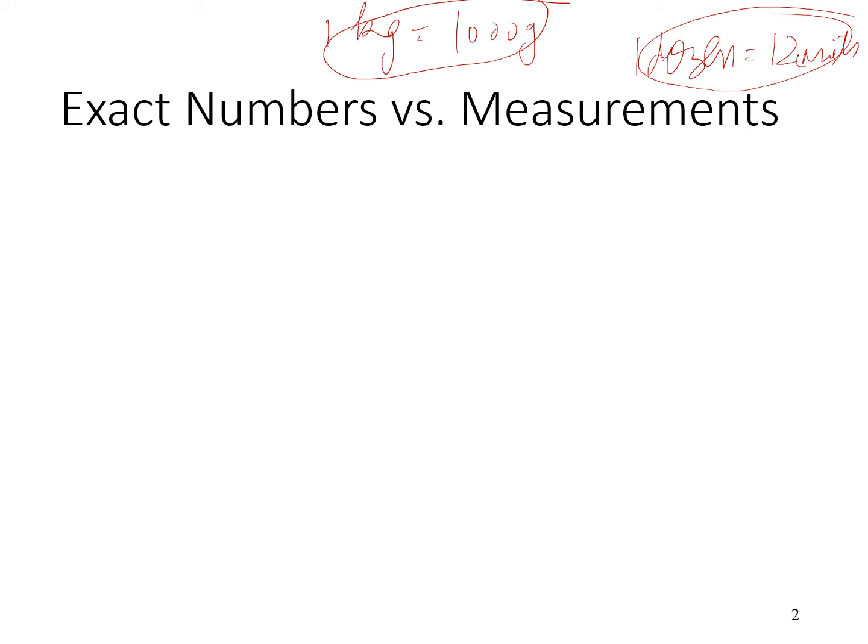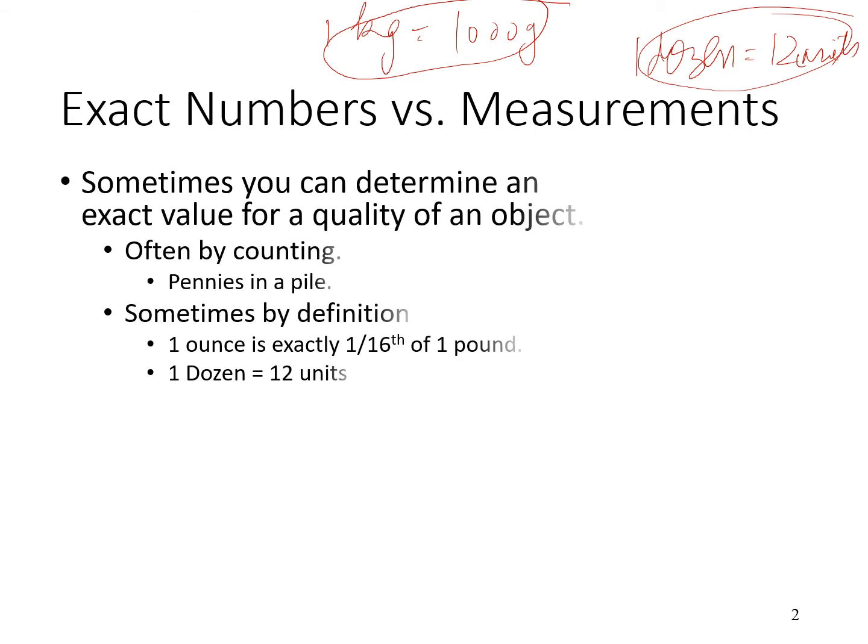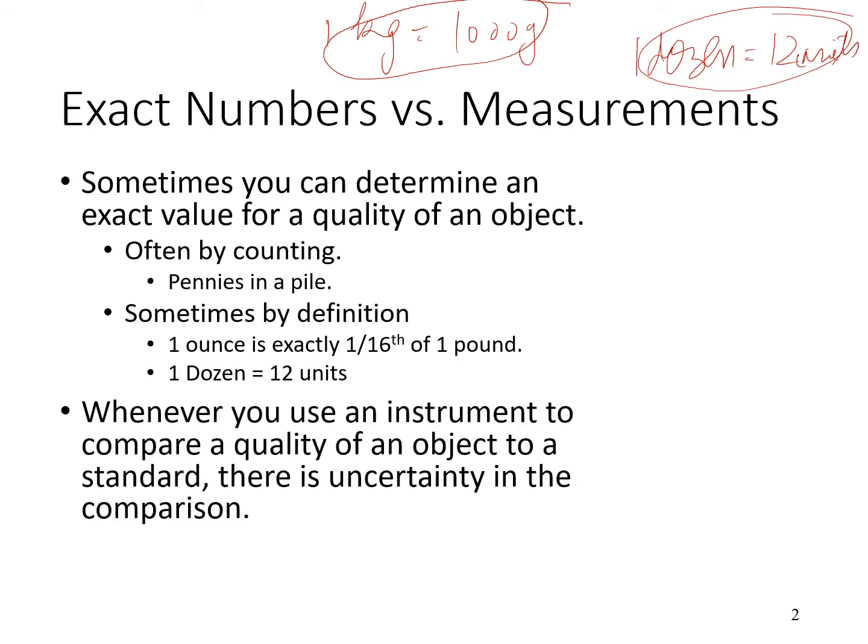So if you're going by definitions, or if you're just taking an exact number by counting it, that is an exact number. That is the difference between an exact number and a measurement. A measured number is always obtained by measuring an object using a measuring tool, an instrument, or a measurement device.